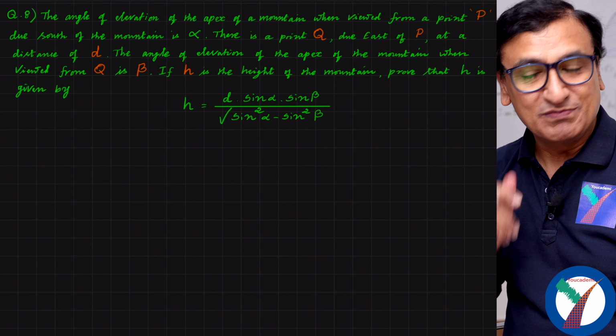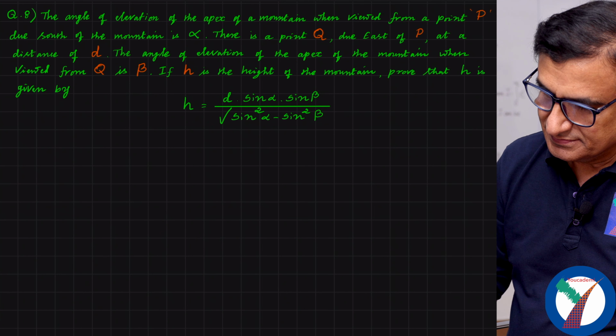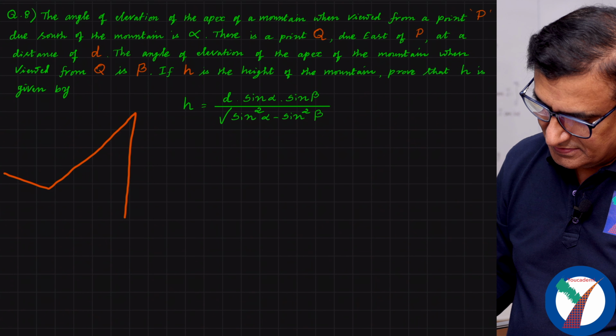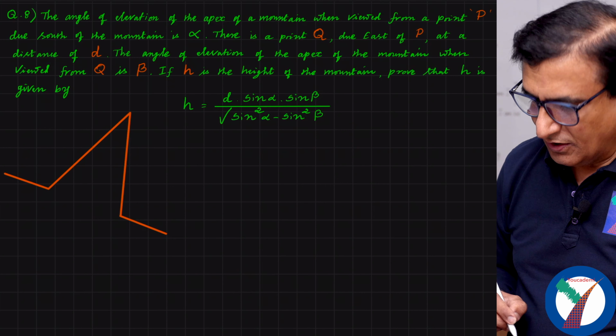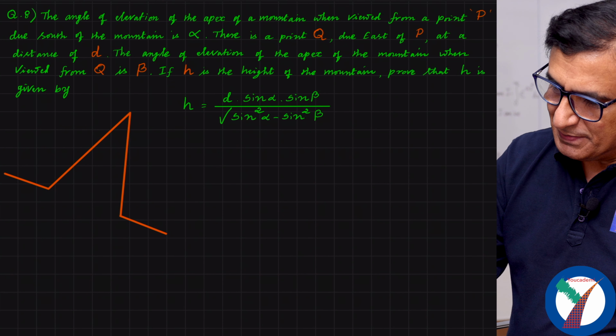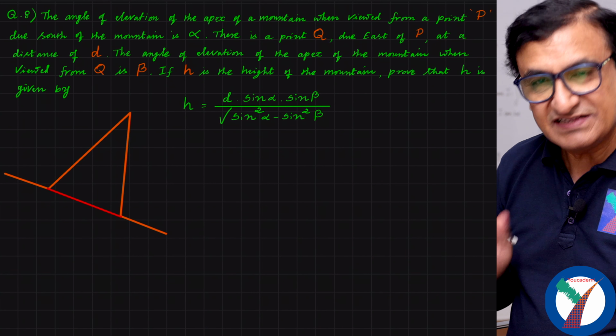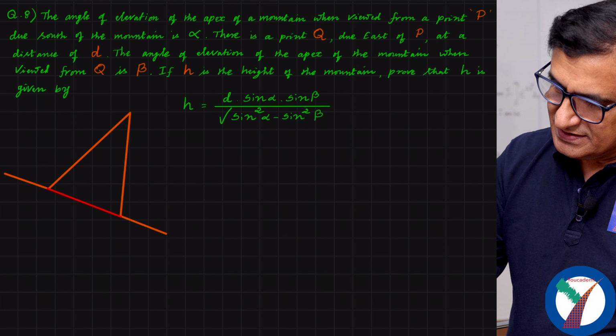So first I'm going to draw the mountain. Okay, let's say this is the mountain. Let me draw the base of the mountain next. Let's say this is the base of the mountain.